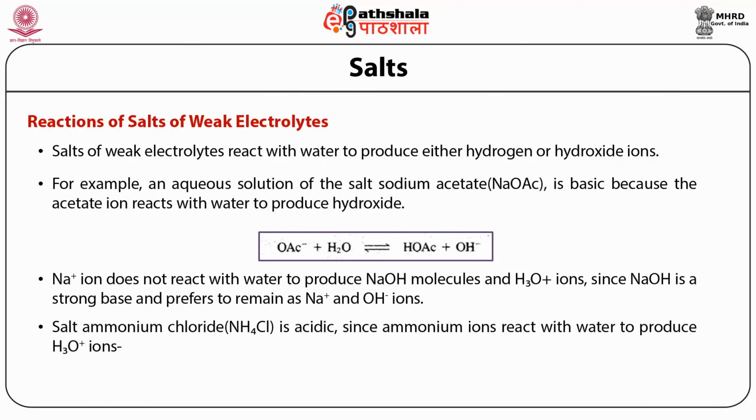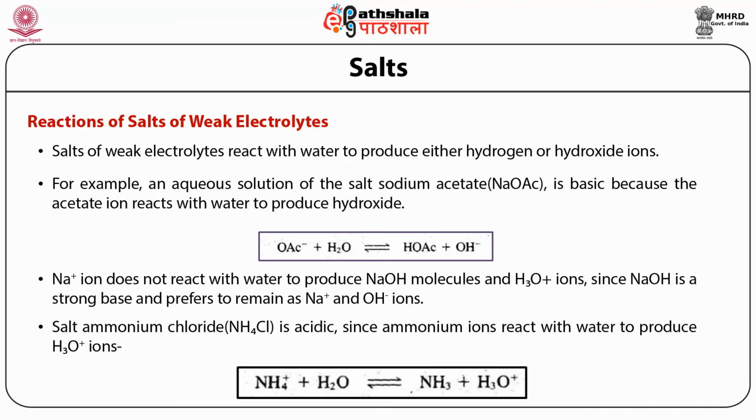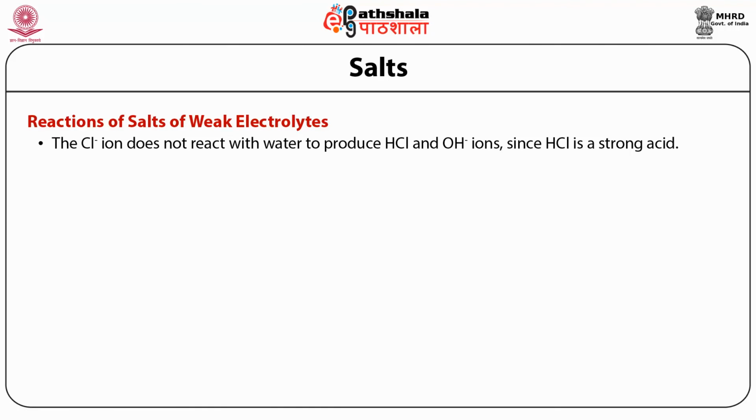The salt ammonium chloride is acidic since the ammonium ions react with water to produce hydronium ions, that is NH4+ plus H2O equals NH3 plus H3O+. The chloride ion does not react with water to produce hydrochloric acid and OH- ion since HCl is a strong acid.